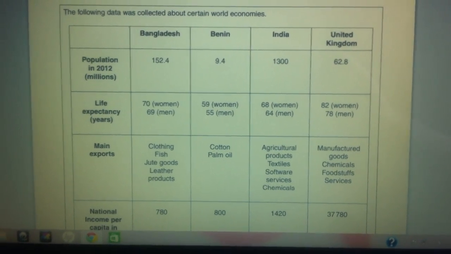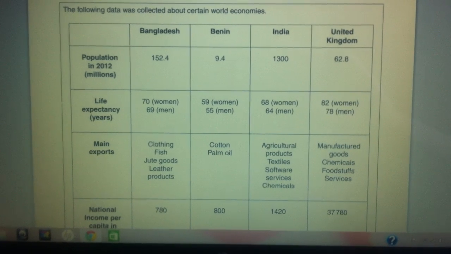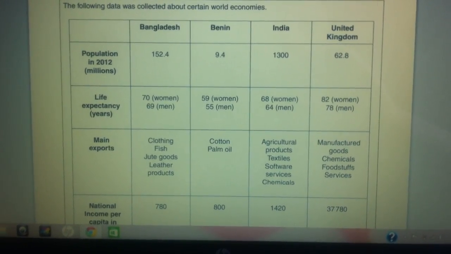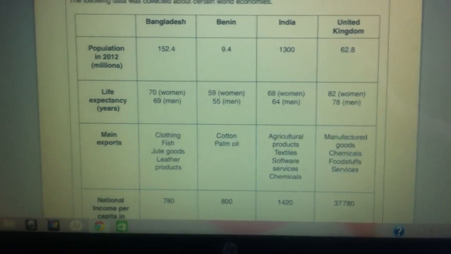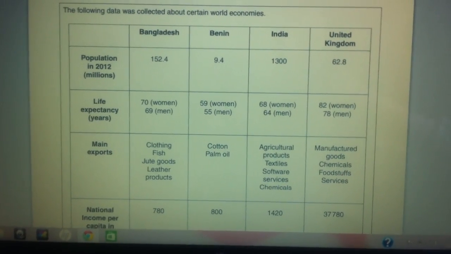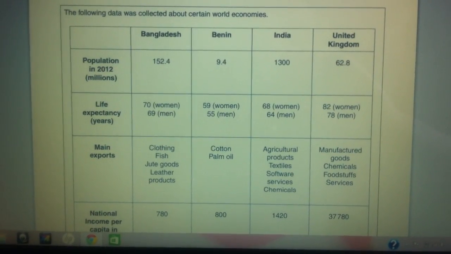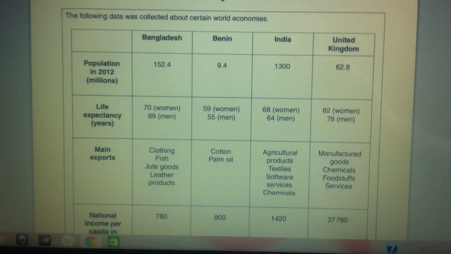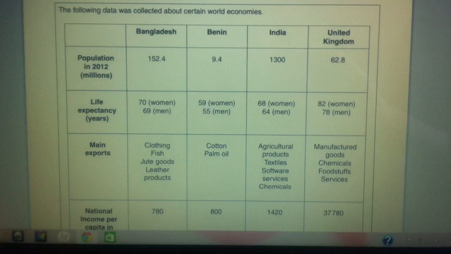So we've got Bangladesh here, 152 million, absolutely fine. Then look at India, so it's 1,300 million. So of course that is 1.3 billion. And just be aware of that in case you are asked any very basic and simple questions about which country has the biggest population or something like that.